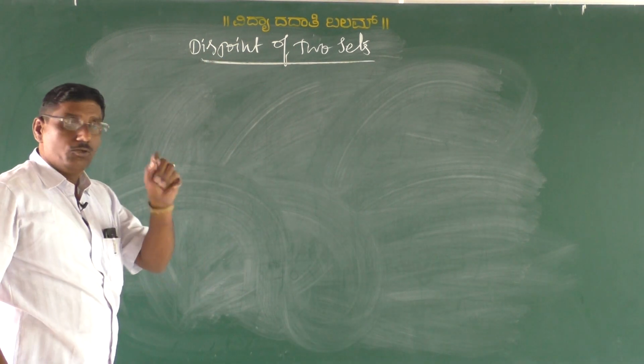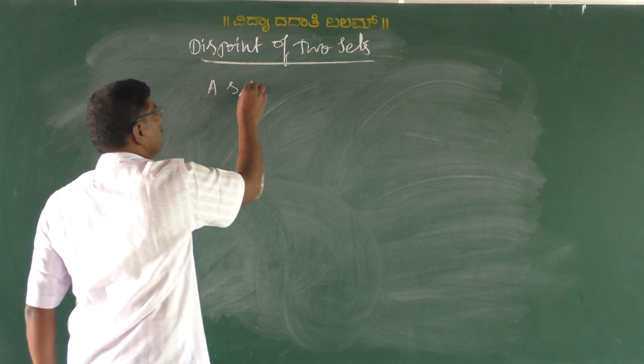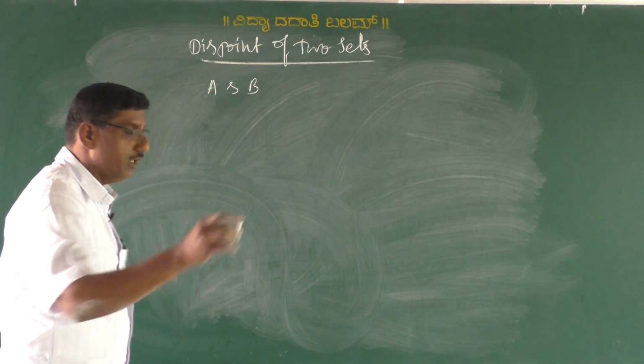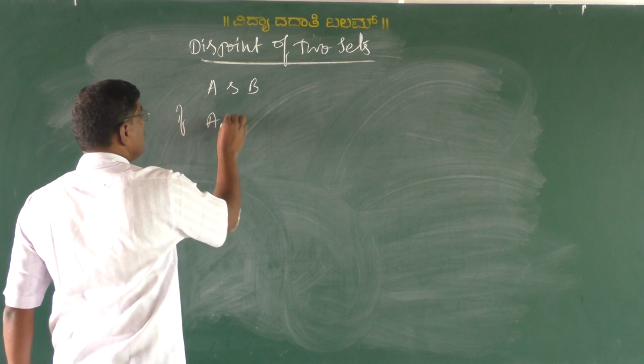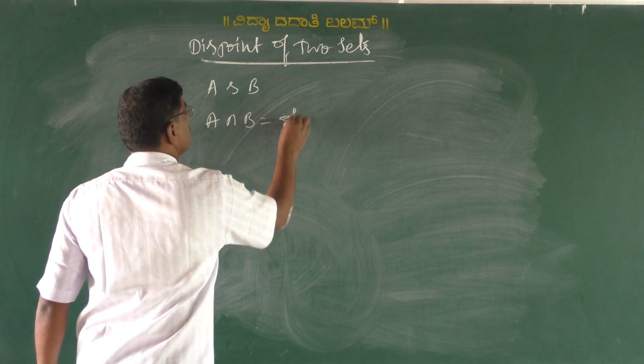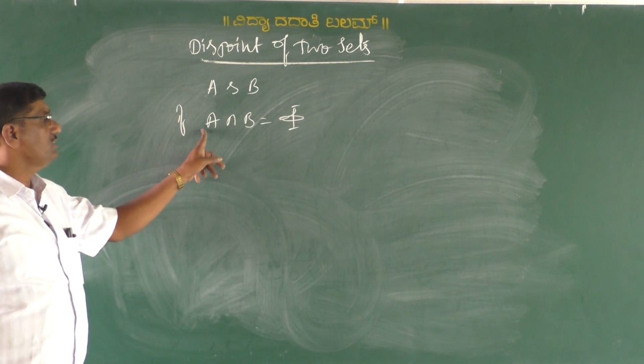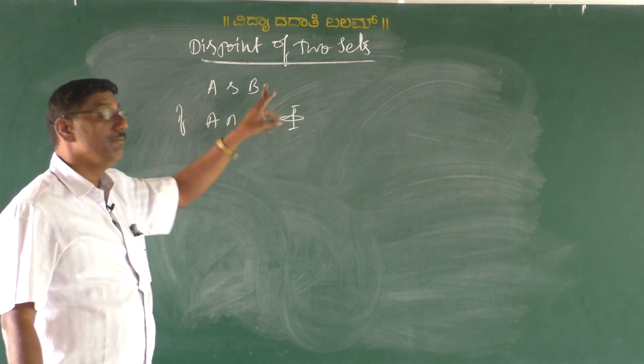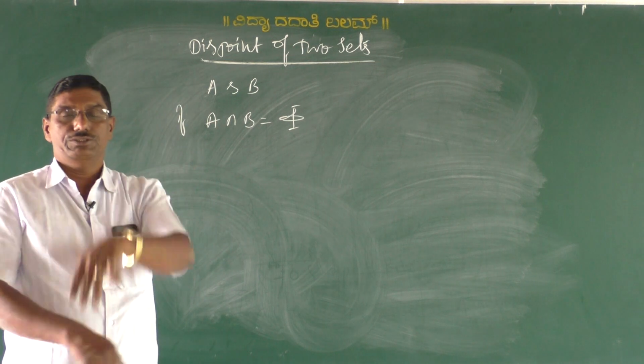My dear students, two sets A and B are said to be disjoint if A intersection B is equal to the null set. If A intersection B is equal to the null set, then we say A and B are disjoint sets.